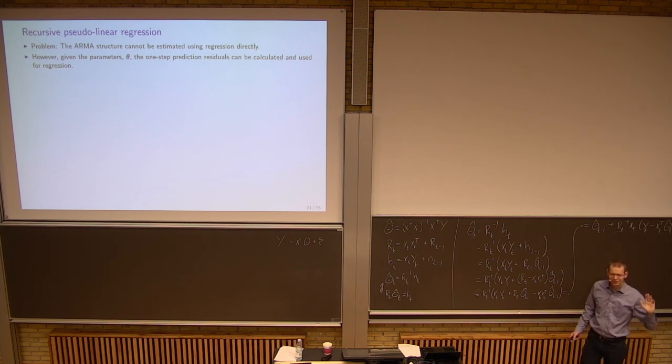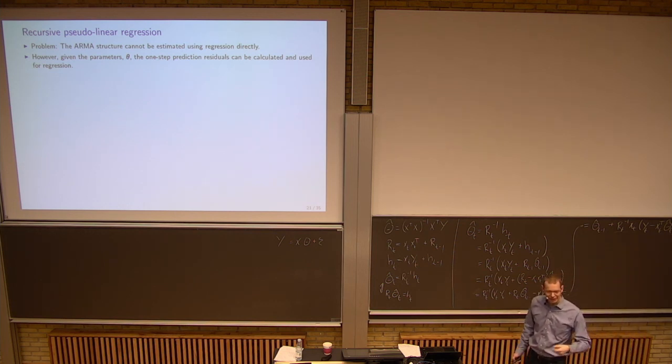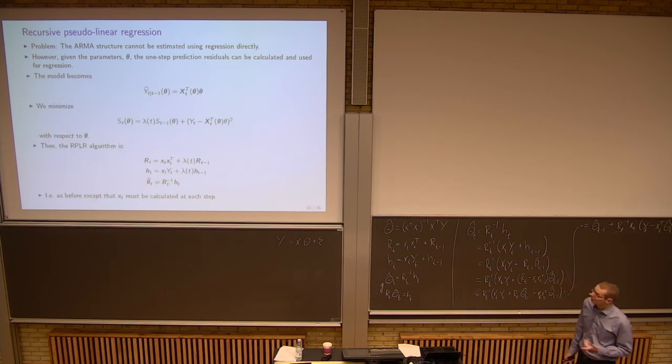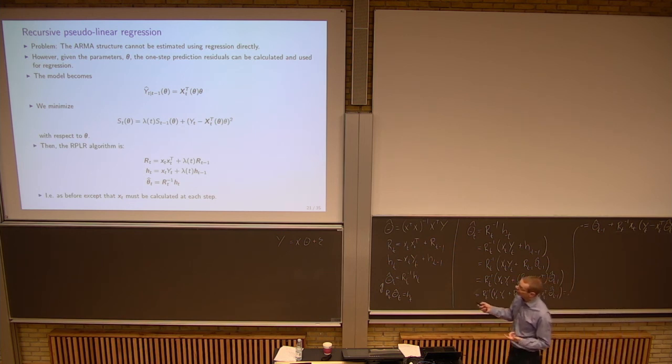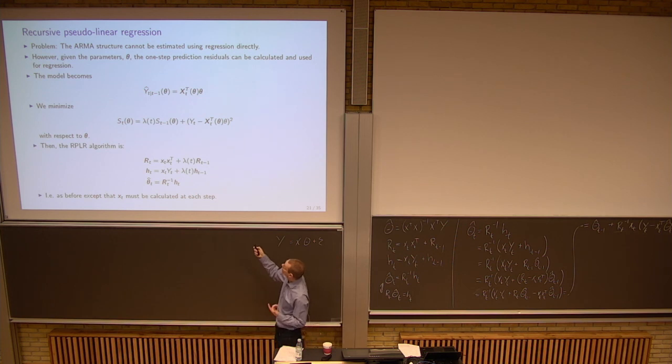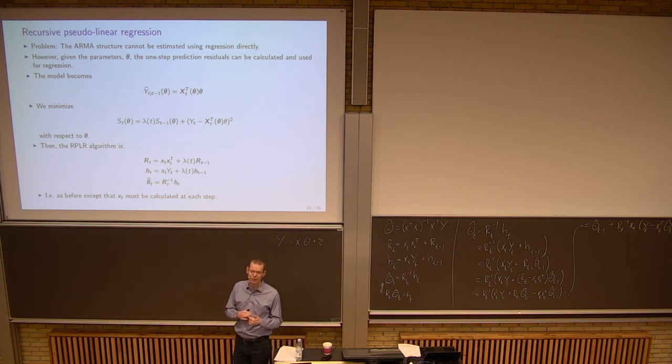But we can still use it as an estimate of epsilon given that parameter. So in those cases where you have previous epsilons as part of your design matrix here, then it becomes a function of the parameters. All of a sudden, it's a nonlinear optimization problem. What we will typically do is to solve it by iteration.